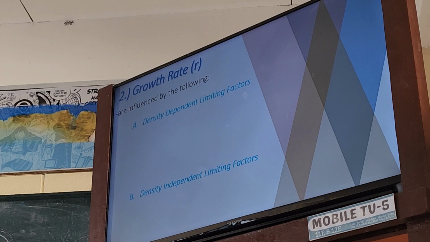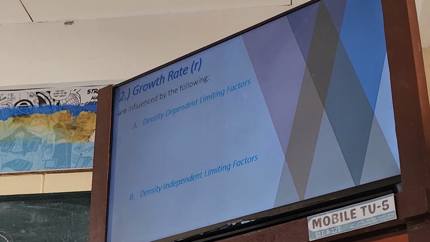If you're going to recall our discussion yesterday, collectively they are also called biotic and abiotic factors. That classification does not base itself on its limiting power but on the nature of it being a factor.